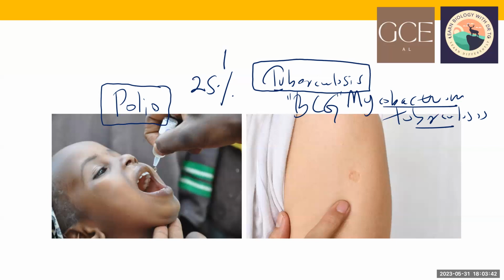But don't worry, people in USA, Canada, Europe, Australia, they don't do a BCG vaccine. They don't vaccinate for tuberculosis because they have no tuberculosis, or very few cases.